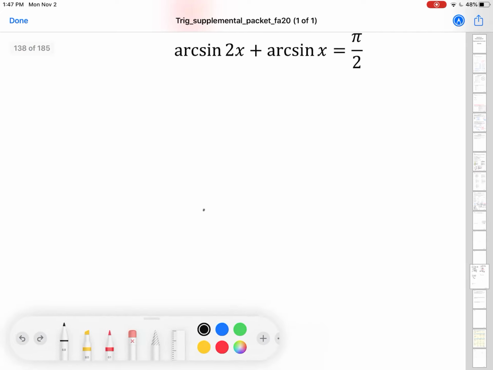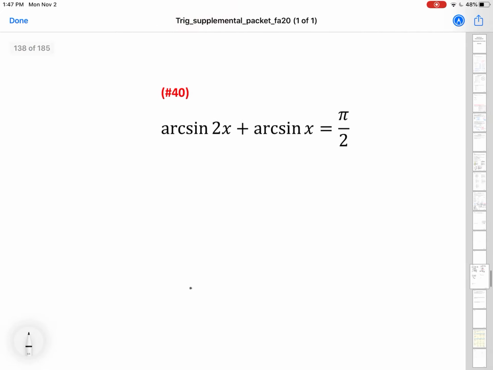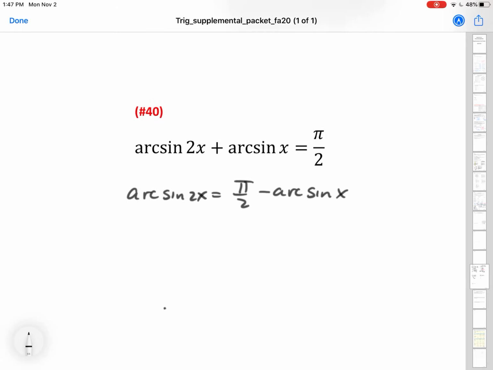Okay. Arc sine of 2x plus arc sine of x is equal to pi over 2. Let's see how we're going to do that one. Let's solve for arc sine of 2x. That's going to be equal to pi over 2 minus arc sine of x. Well, that's good. So we need to get to the x's.